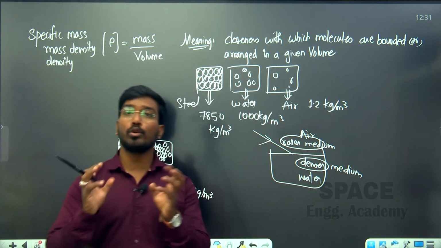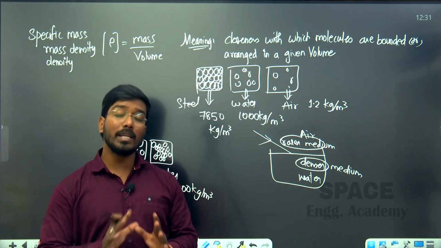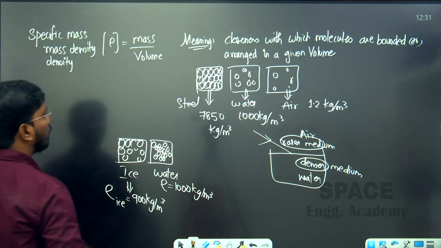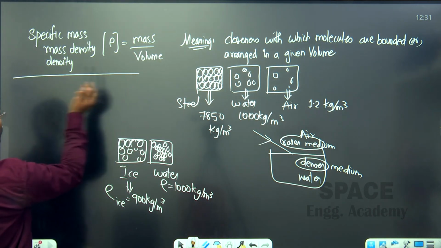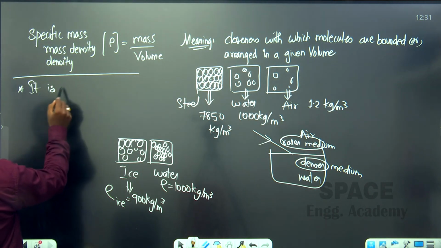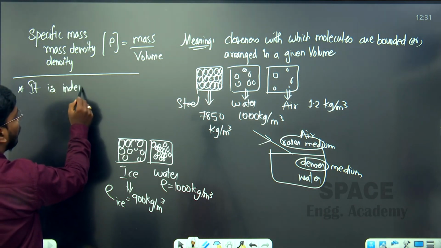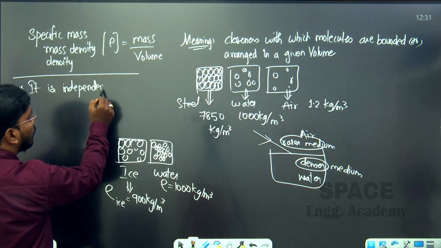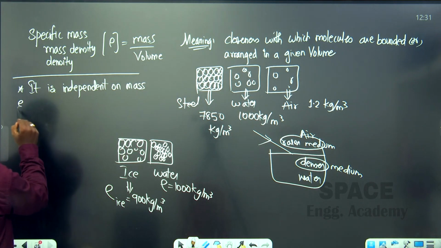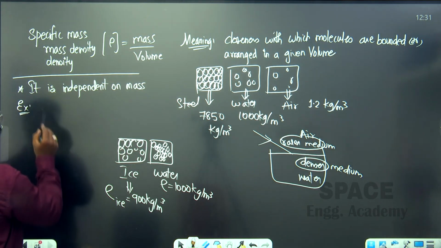Density is molecule closeness, okay, which is independent of mass. So a new formula that we are gonna write here, an important point, that is density is independent of mass. Remember that. For example, suppose I am taking water.